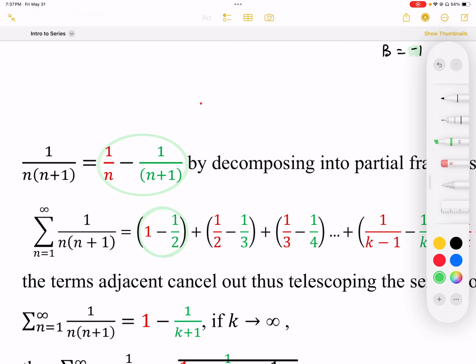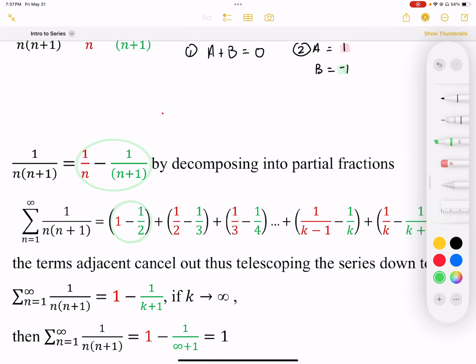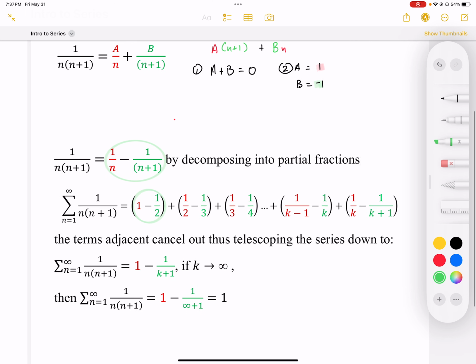We plug in 1, we get 1 minus 1 over 2. When we plug in 2, we get 1 half minus 1/3. When we plug in 3, we get 1/3 minus 1/4. It just continues all the way to 1 over k minus 1, minus 1 over k. Then the next term is going to be 1 over k minus 1 over k plus 1.